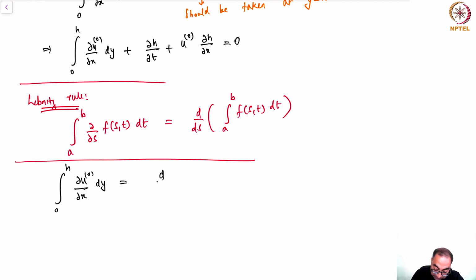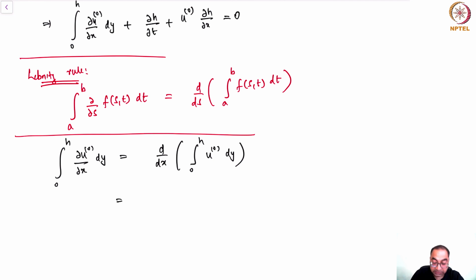This can now be written as d by dx of the integral from 0 to h of u0 dy. So this essentially becomes d by dx of the integral from 0 to h.